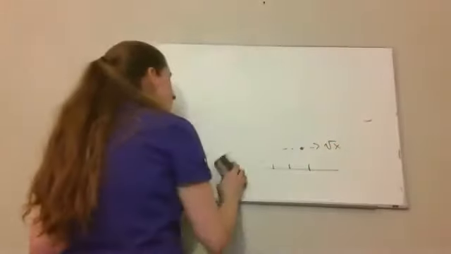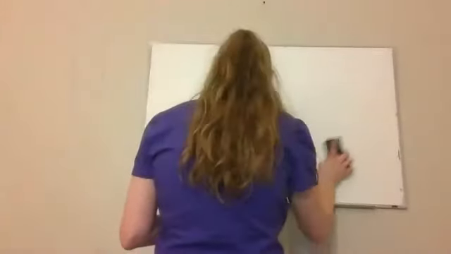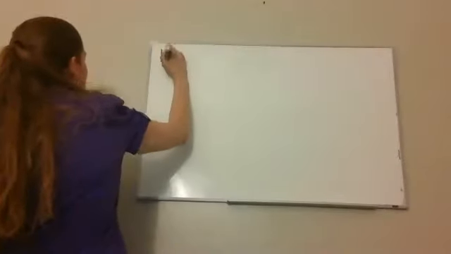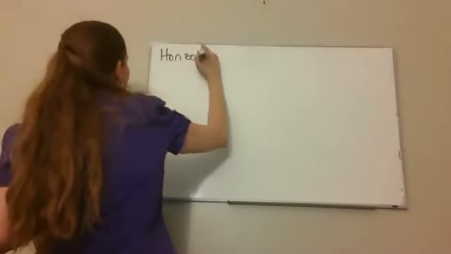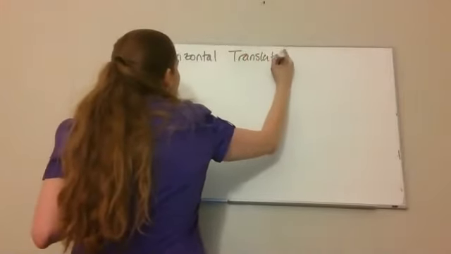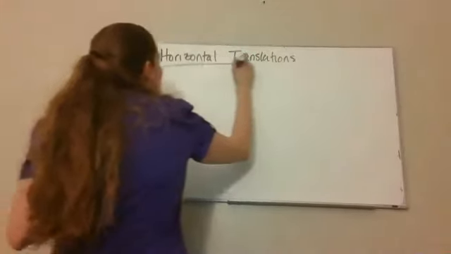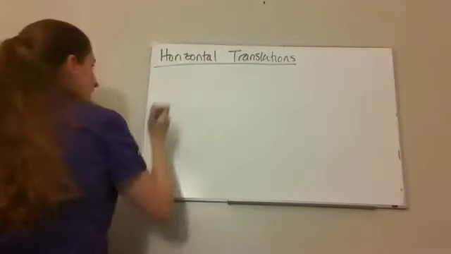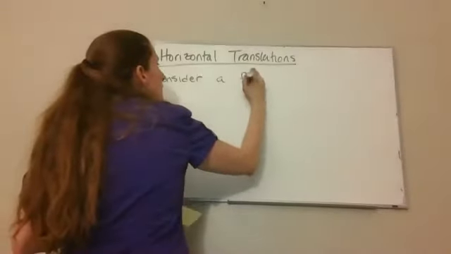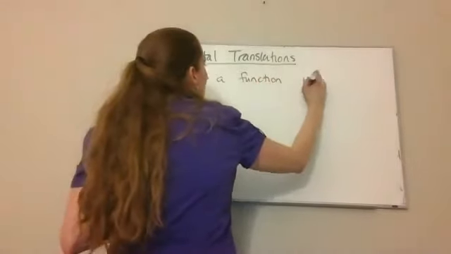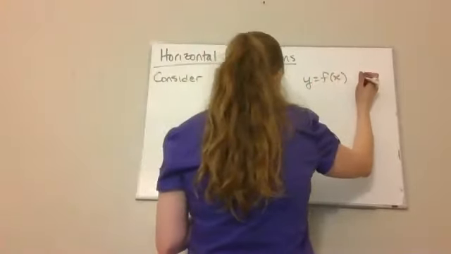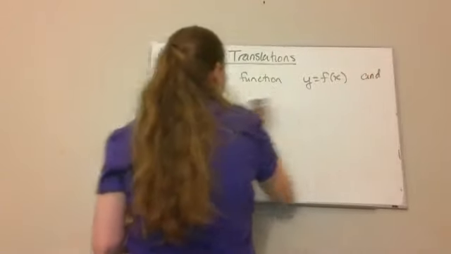The next thing we need to learn about is horizontal translations. Very similar to the vertical ones. So for our horizontal translations, consider a function y equals f of x, and let h be a positive real number.